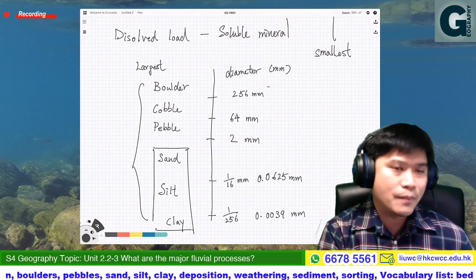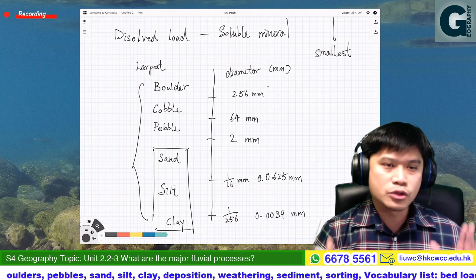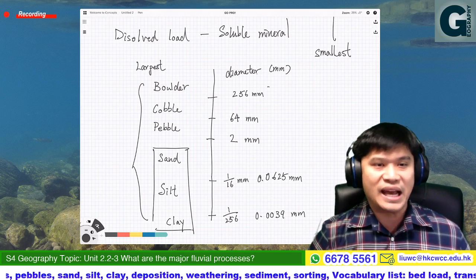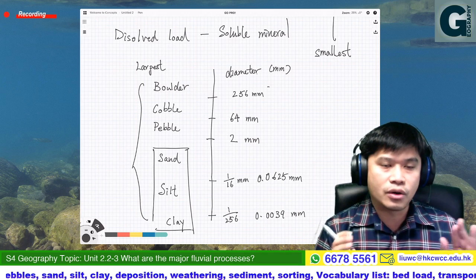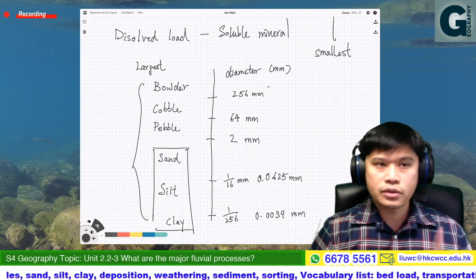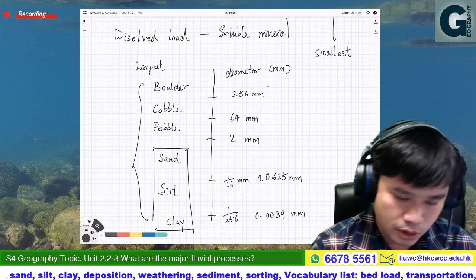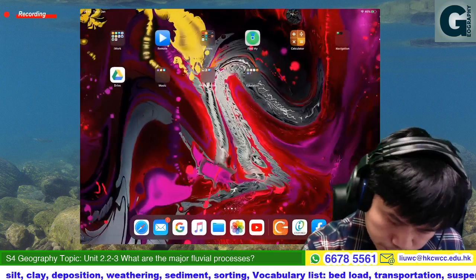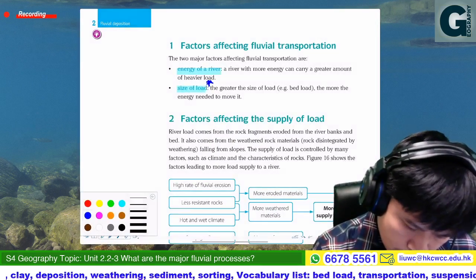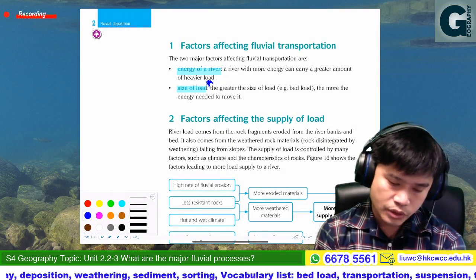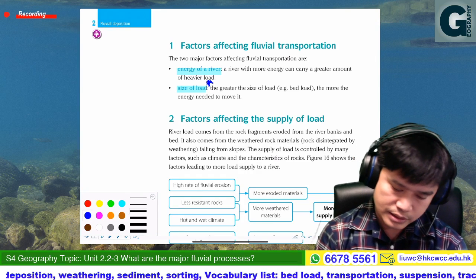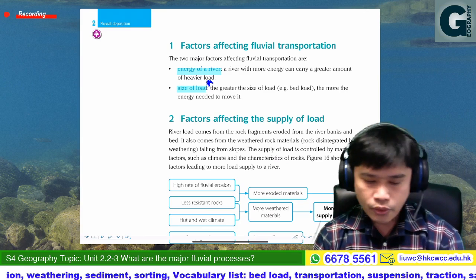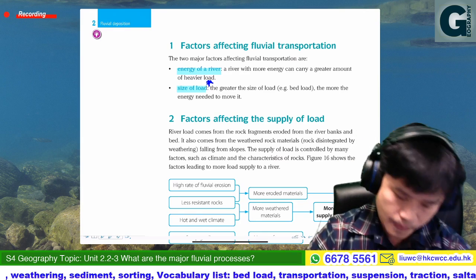Remember, when we talk about size, we don't mention the dissolved mineral, as there is no size since it is already dissolved in the water. So pay attention to the size of the load. This is about the size of load. The greater the size of the load, the more energy is needed to move it.